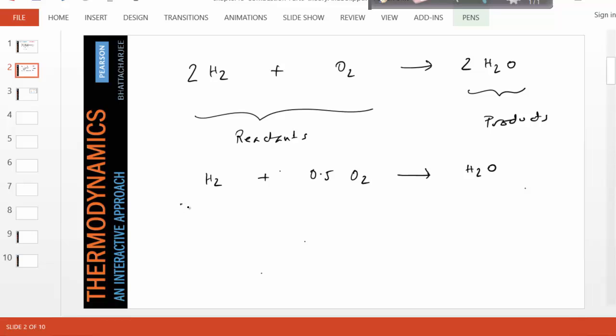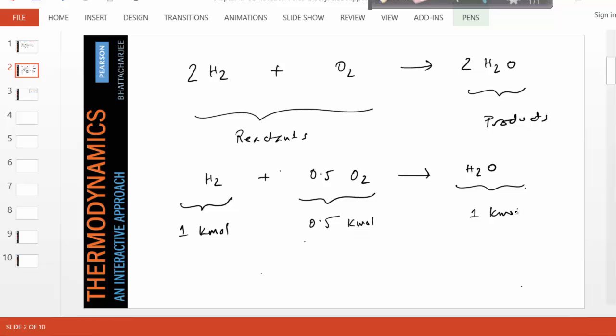In other words, we have now 1 kilomole of hydrogen reacting with half a kilomole of oxygen, producing 1 kilomole of H2O.